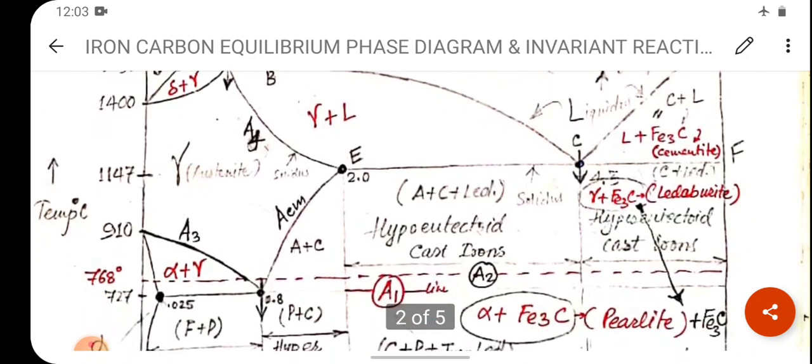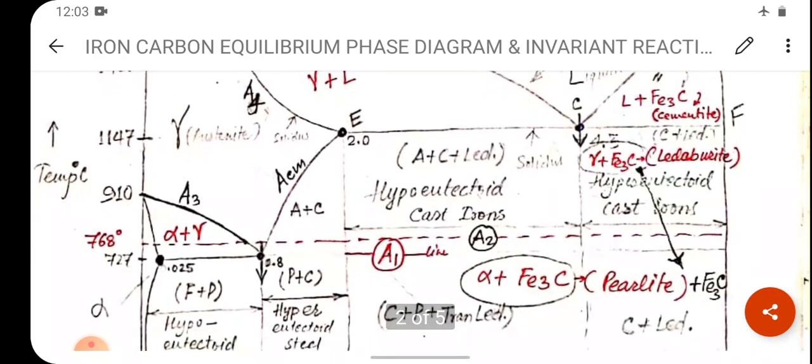Now we'll move in downward direction, that is E to 0.8. I have written here. This will give you eutectoid reaction. I have made arrow here in downward direction to show the reaction which is present here, or reactions are taking place at 0.8% carbon.